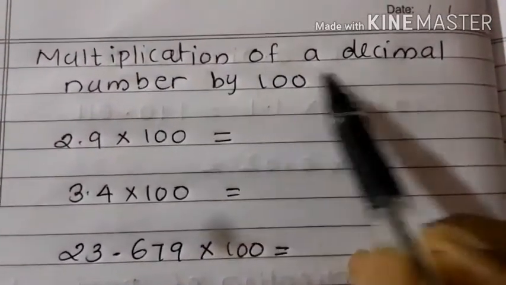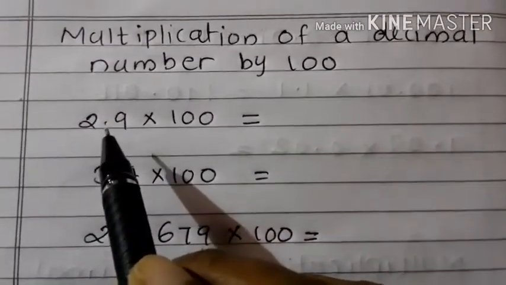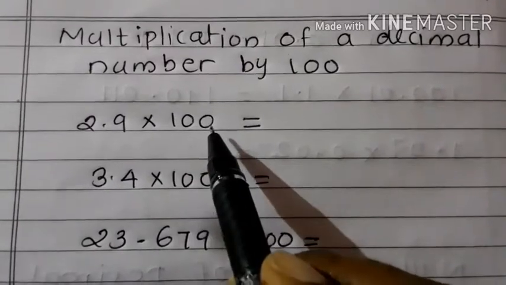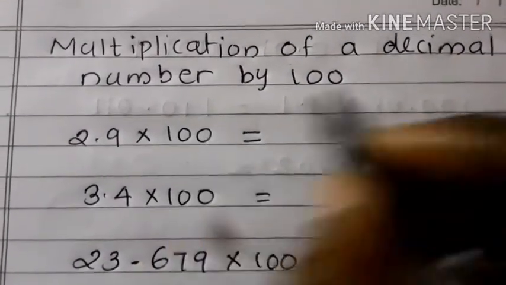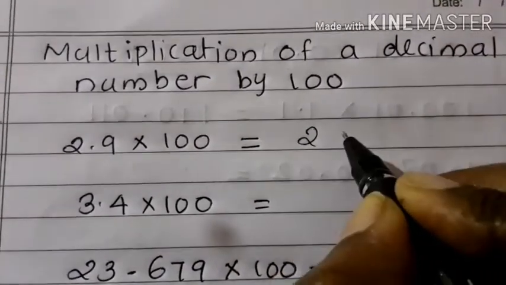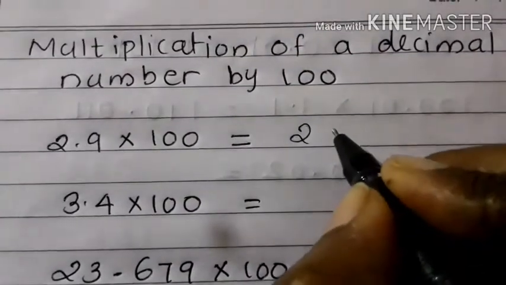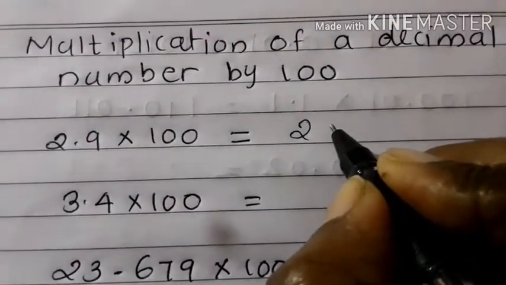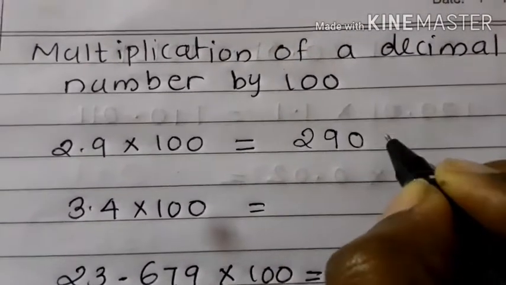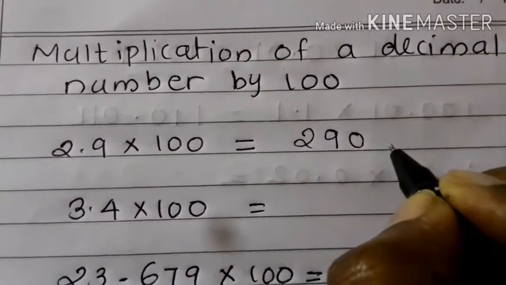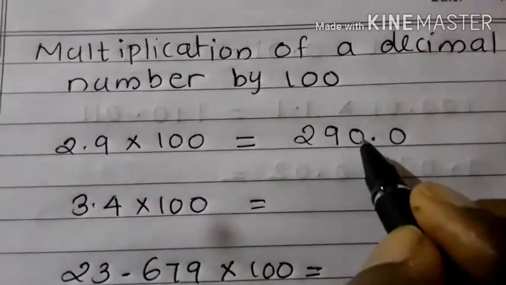Next one is multiplication of a decimal number by 100. First one is 2.9 multiplied by 100. Here 100 has 2 zeros. So the decimal point moves 2 digits to the right. 1 digit 9 is there and we add 0. So 290. Then we move 2 digits to the right, then 0.